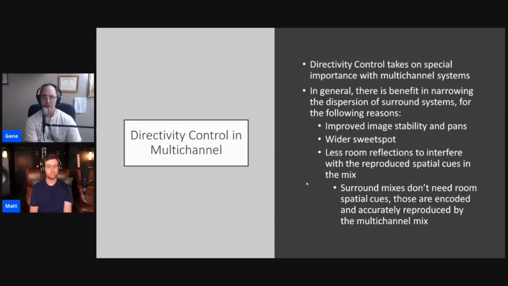But in a 2-channel system, typically maybe less absorption and a little bit more in the room. The research supports the notion that you do want to maintain lateral reflections, because they're critical to our perception of spatial cues. If you don't have those lateral reflections, those 2 speakers can't produce them for you. Yeah.